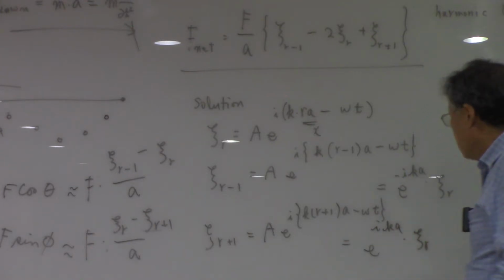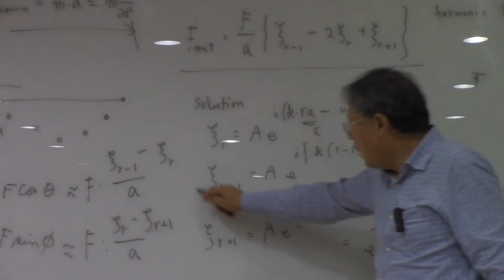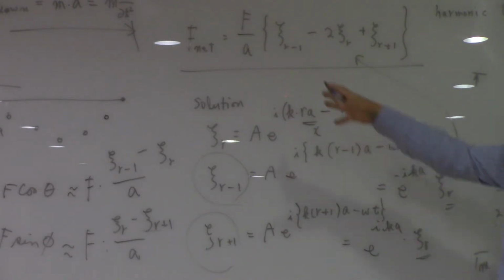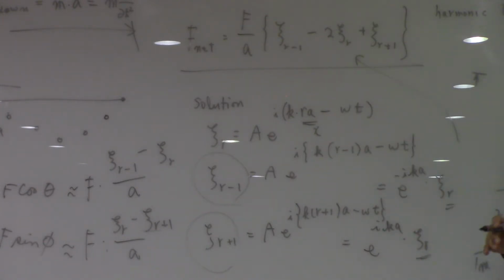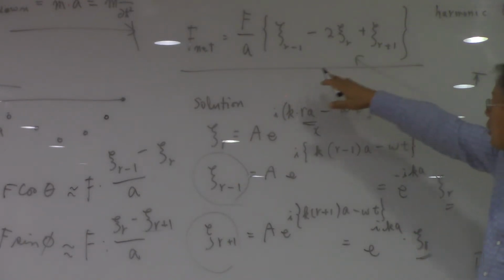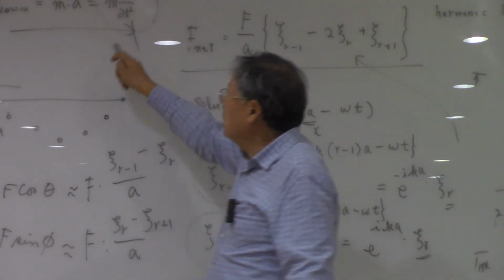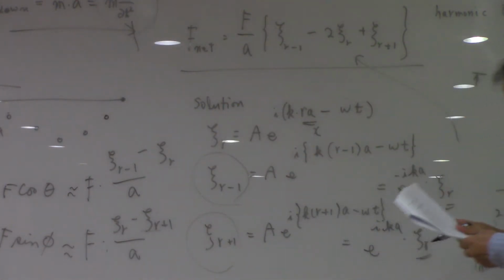So everything, psi r minus 1 and r plus 1, can be expressed in terms of this psi r. And then you put this into this equation, then you can get the F net in terms of the psi r. And then this F net should be related to the acceleration to get the wave equations.